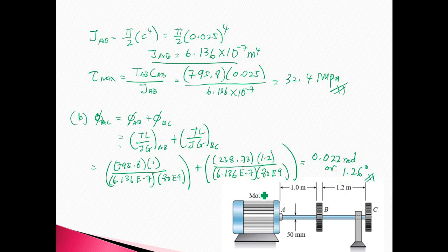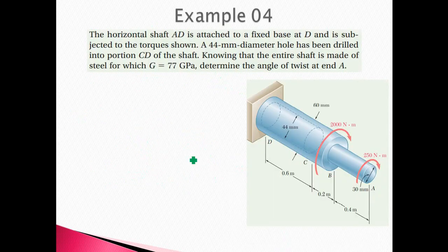So now let's move on to example 4. The horizontal shaft AD is attached to a fixed base at D and is subjected to the torque shown.